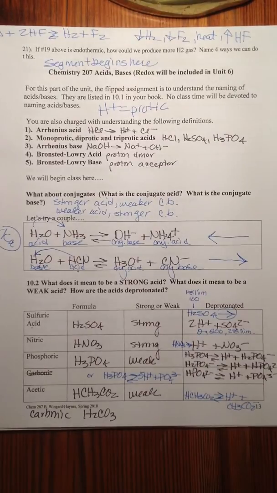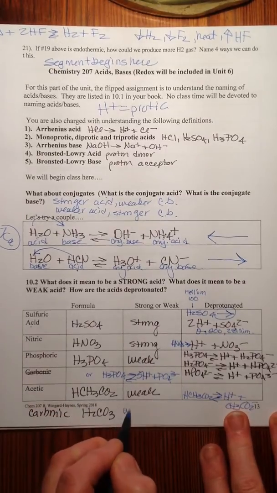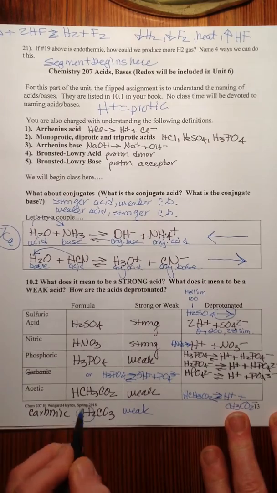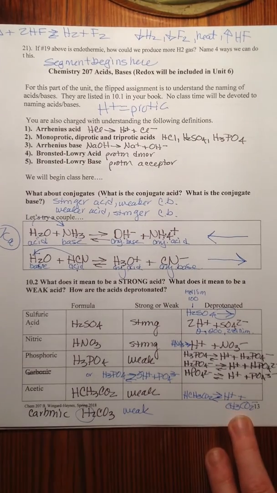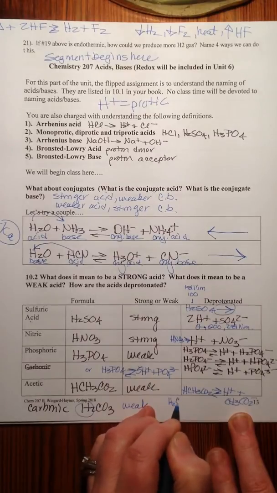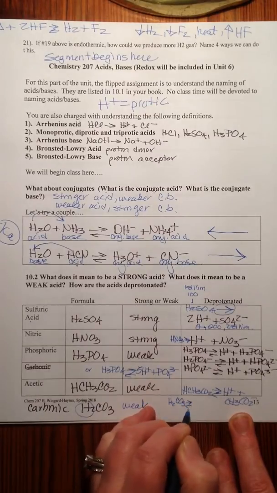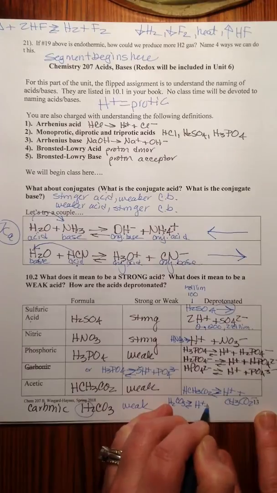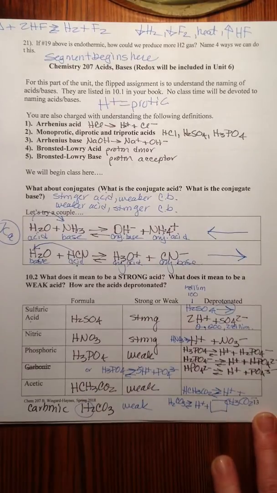Okay? Carbonic acid will be the last one in this segment, and it is also weak. And it is also diprotic, which means we can pull the protons off one at a time. So if I start with H2CO3, and I pull a proton off, what do I have left?